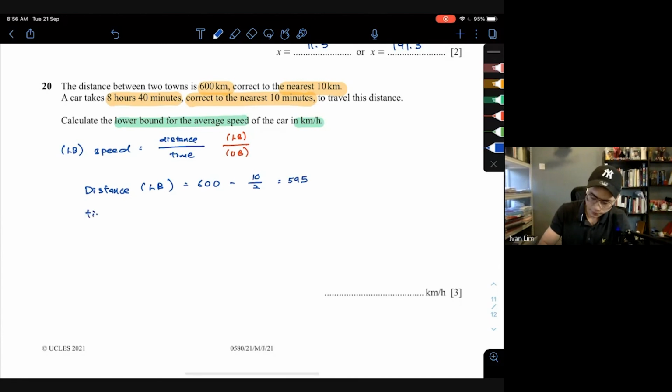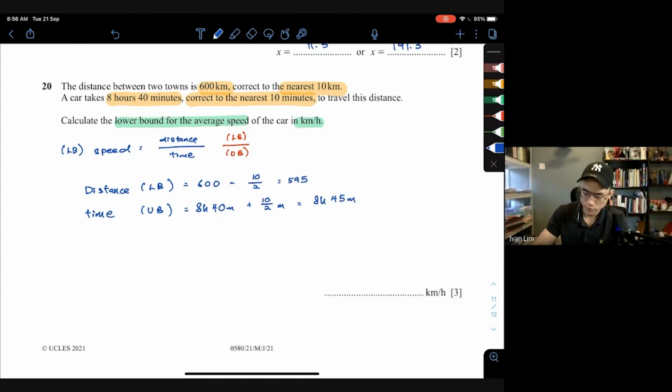Time, we want the upper bound. So they say 8 hours 40 minutes, correct to the nearest 10 minutes. So 8 hours 40 minutes plus 10 over 2 minutes. Okay, so 8 hours 40 minutes plus 5 minutes, you will get 8 hours 45 minutes.